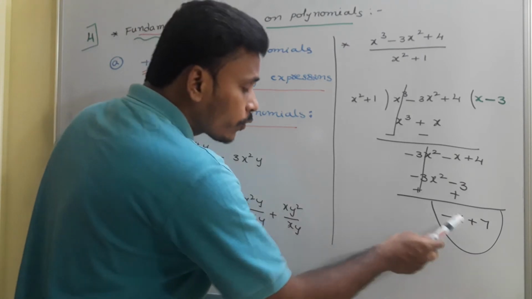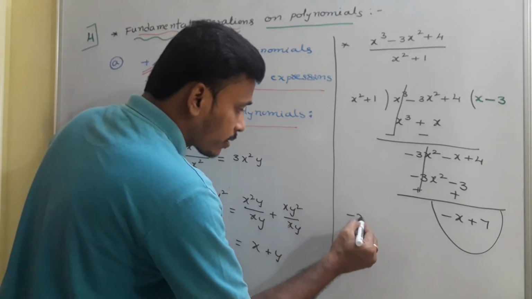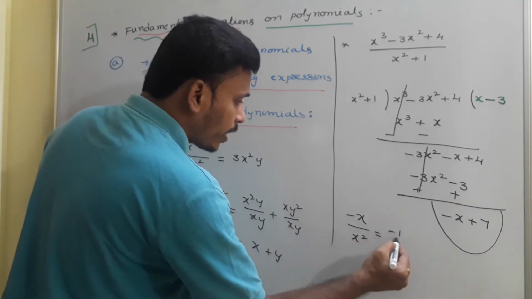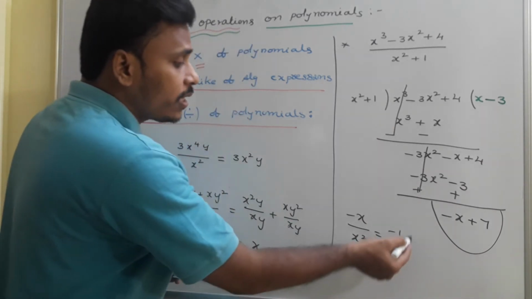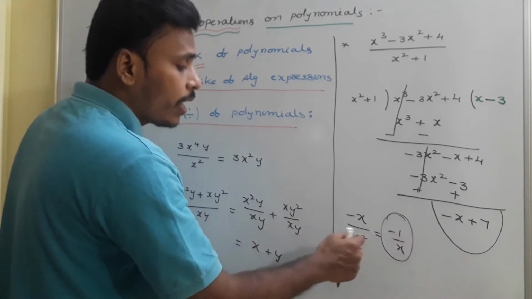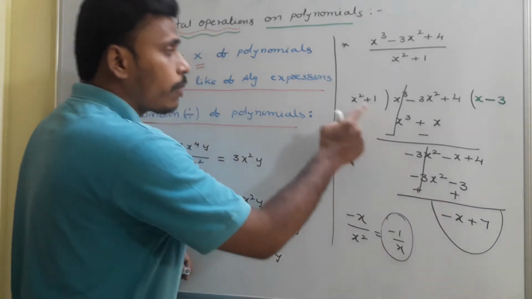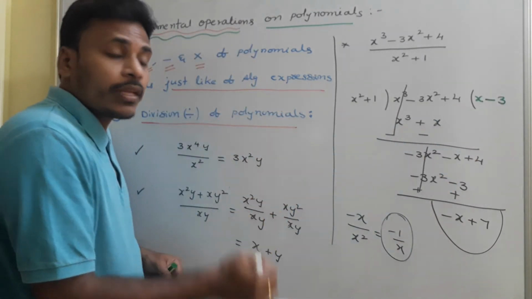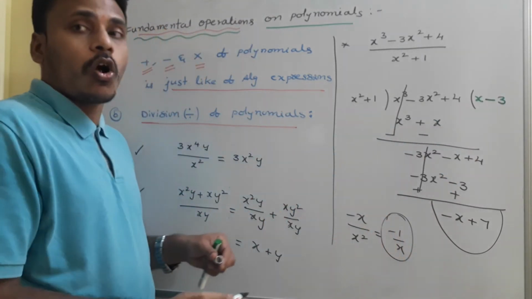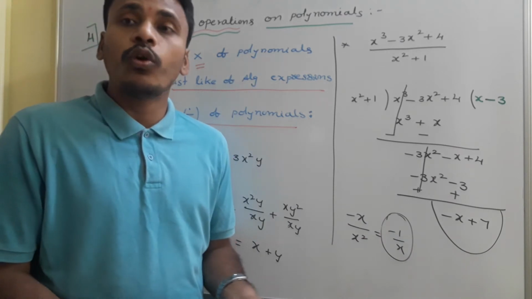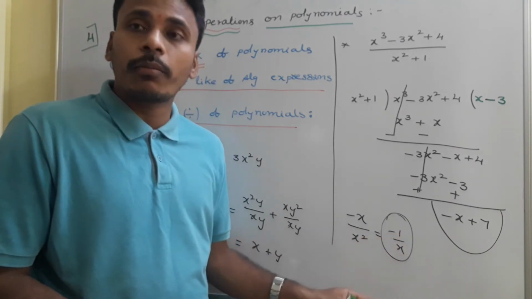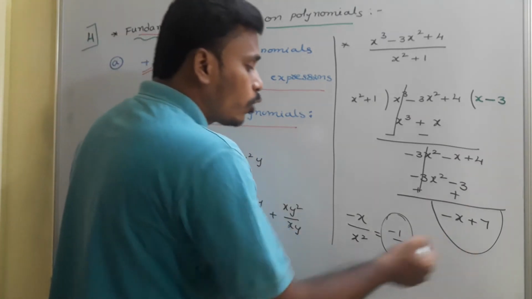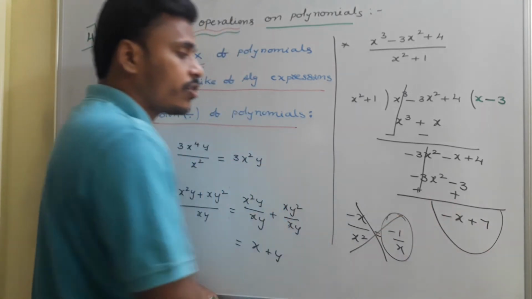When you divide -x by x^2, you will get -1 by x. But after dividing the first term, you need to write this value in the quotient, and this type of -1 by x term is not involved in polynomials. We won't allow terms like 1 by x^2 in polynomials, and that's why you need to stop the process of division at this stage.